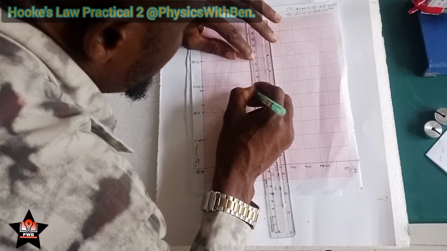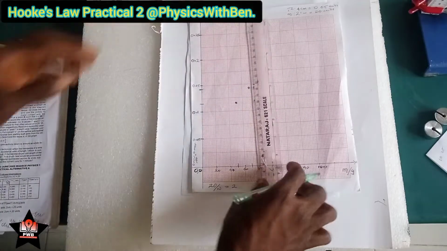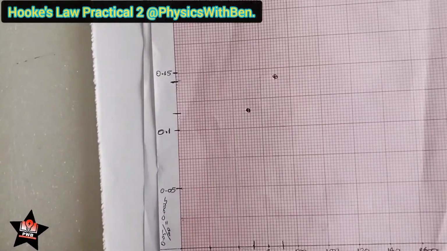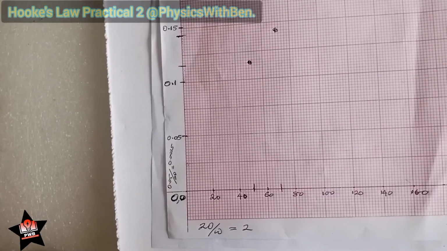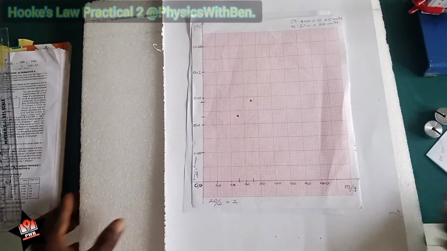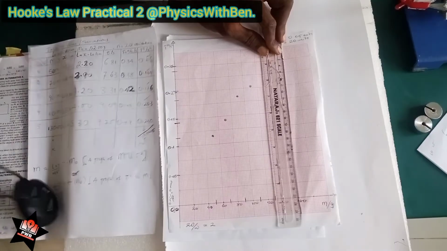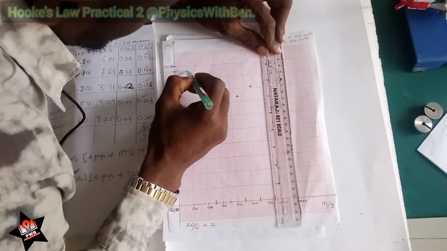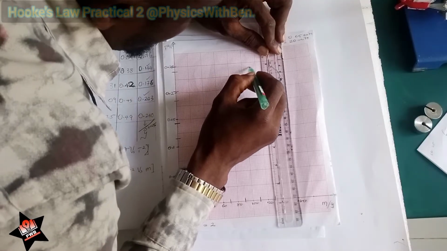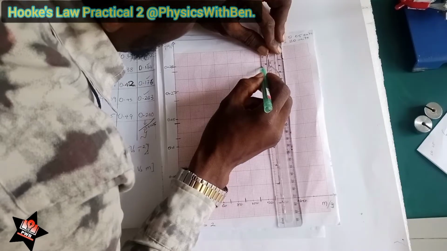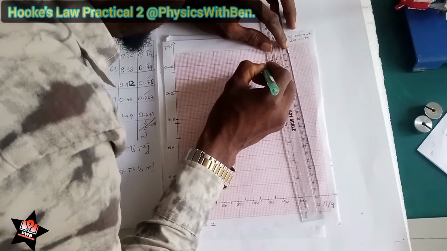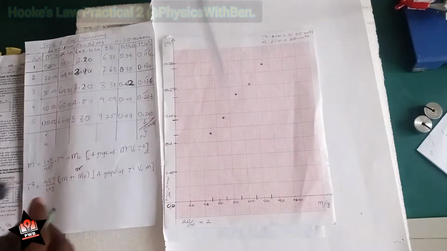Then we are done with that point. You always place this ruler so that you don't miss the lines. So we are done plotting the points.